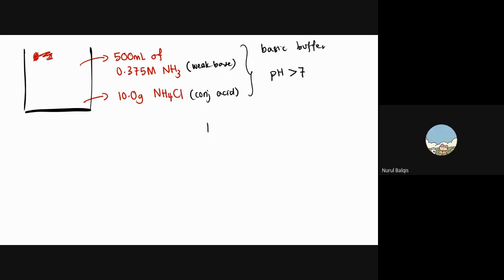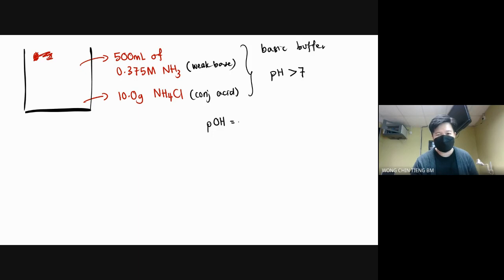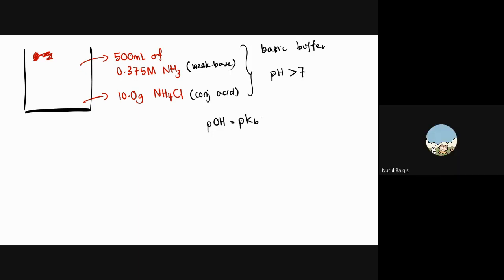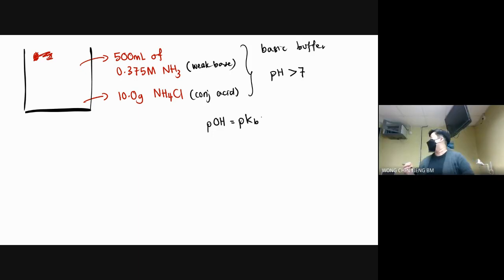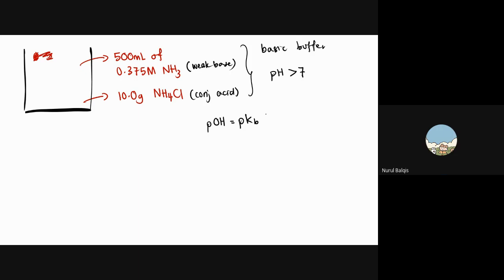POH. Hampa pakai straw tak pakai spender ni. POH, PKB lagi. Okay. Tambah log. Sambung. Conjugate base over weak base.